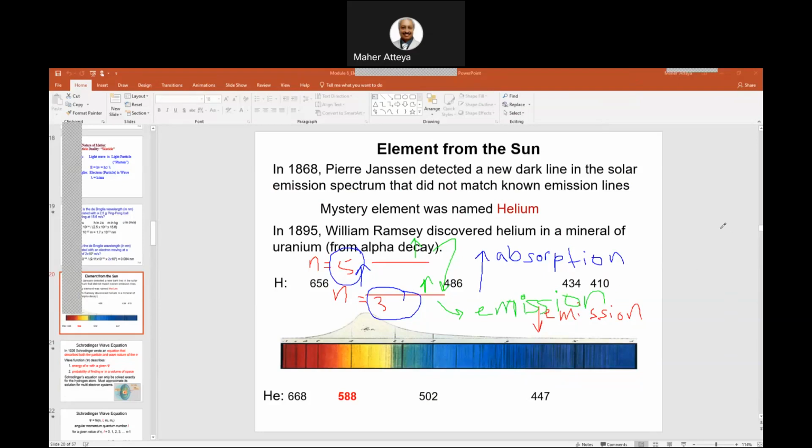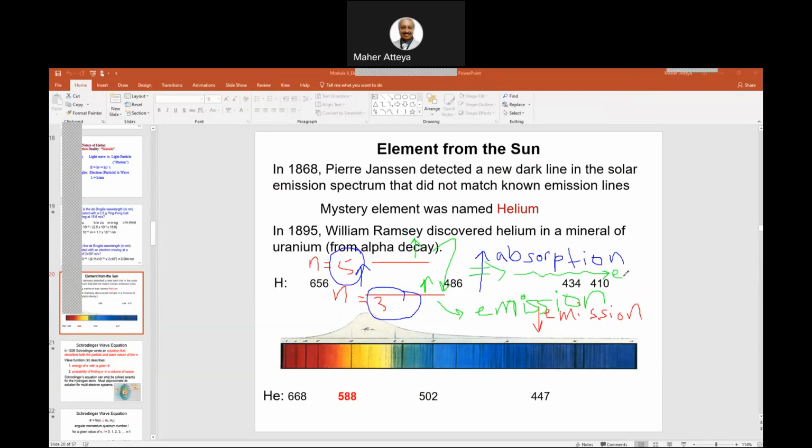So when the electron goes back, whatever energy was causing it to go up will be given off as photons.